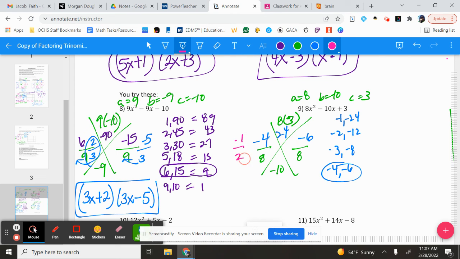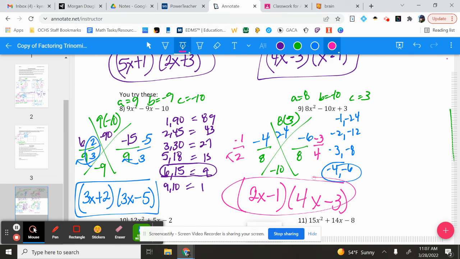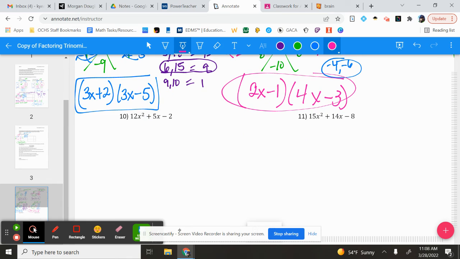So negative 1/2, because a 4 will go both into 4 and 8. And on this side, 2 is the only value that'll go into both negative 6 and 8. So that gives me negative 3 over 4. So swing method, 2 swings back to be the coefficient of the variable, 2x minus 1. 4 swings back to be the coefficient of the variable, 4x minus 3. Those are my two factors.